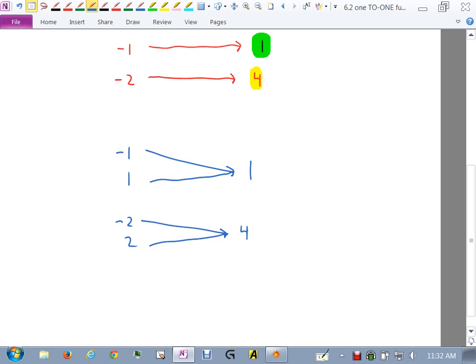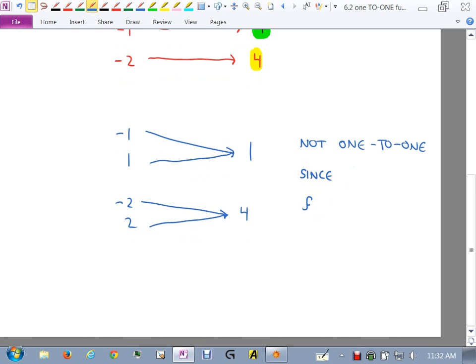They never go to the same one, okay? So I gave you an example, not one-to-one. This is not one-to-one since f of 1 equals f of -1. If I plug in 1, it's the same as plugging in -1.